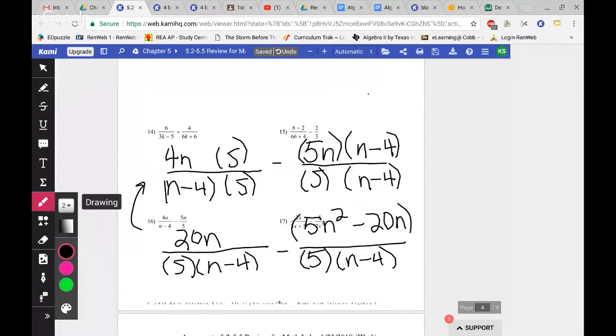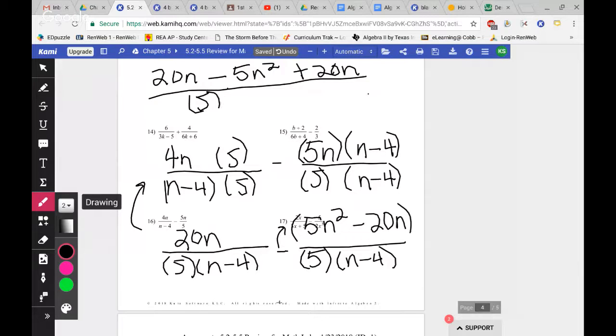So now, just like we did in that other one, this subtraction sign has to be distributed to both terms in this second portion here. So I've got 20n minus 5n squared minus a minus 20n, which technically gives me a plus 20n. All over 5 times n minus 4.